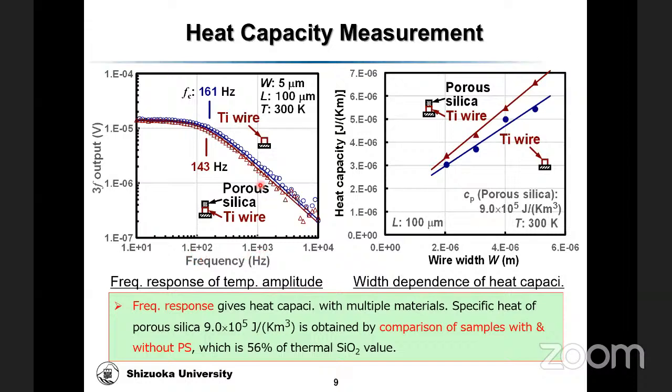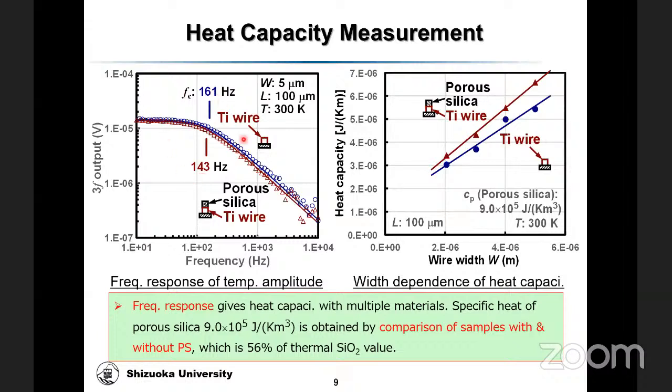And from this curve, we can find out that the cutoff frequency for the case of titanium only wire is 161 Hertz. And also the wire with porous silica has a slightly lower cutoff frequency of 143 Hertz.